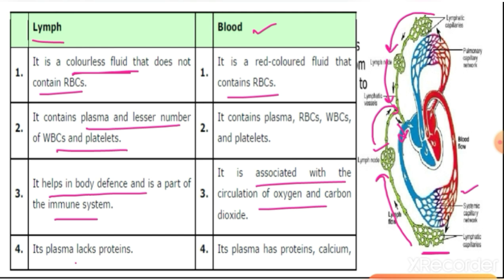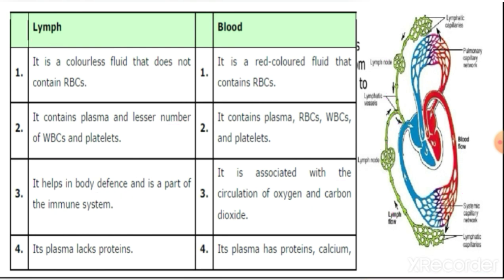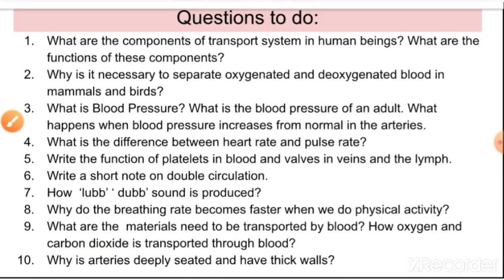Lymph lacks proteins, but in blood, in plasma, we have a lot of proteins, albumin, globulin, so many types of proteins. But in lymph, because there is a limited amount of plasma, it lacks protein. So this is all the difference between lymph and blood, and this is all about the circulatory system of animals.